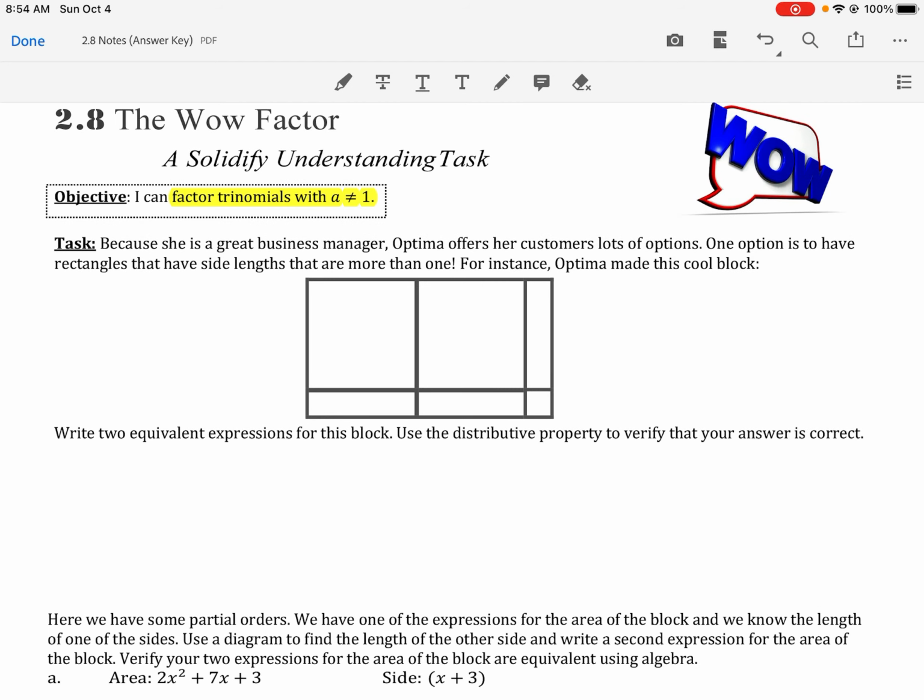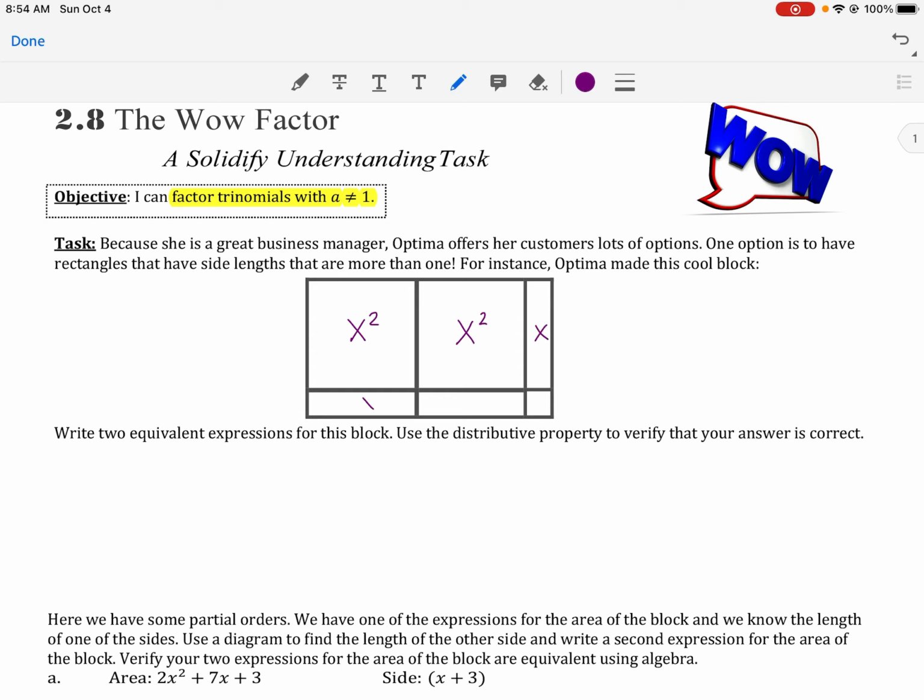It says, because she has such a great business manager, Optima offers her customers a lot of options. One option is to have rectangles that have side lengths that are more than 1. For instance, Optima made this cool block. And we want to write 2 equivalent expressions here. So here, notice we've got our x squareds.